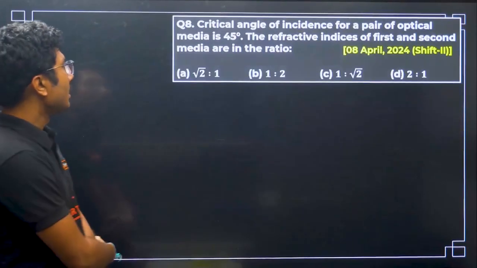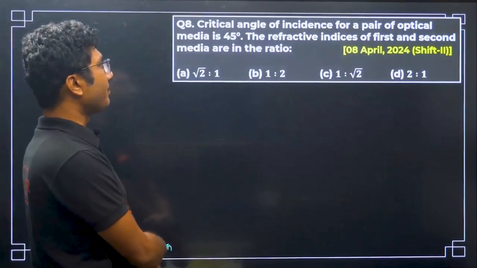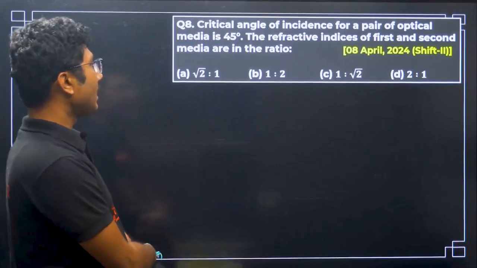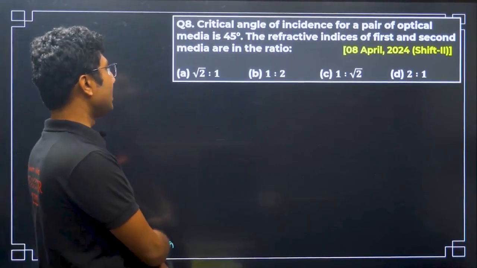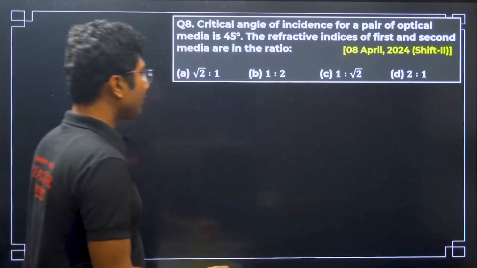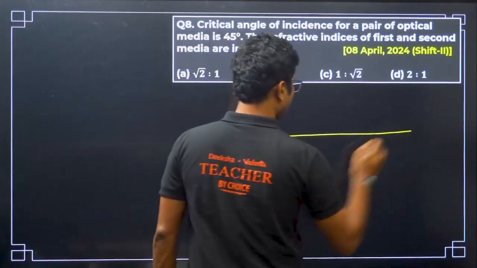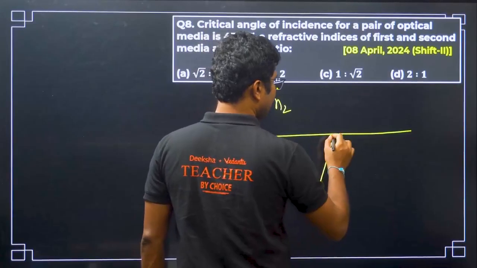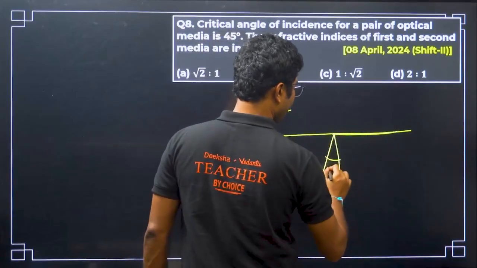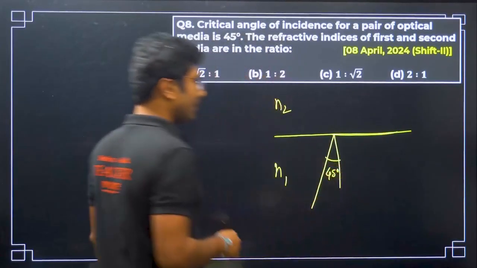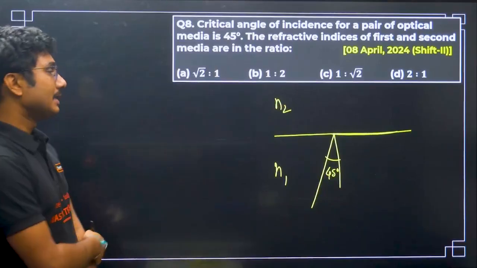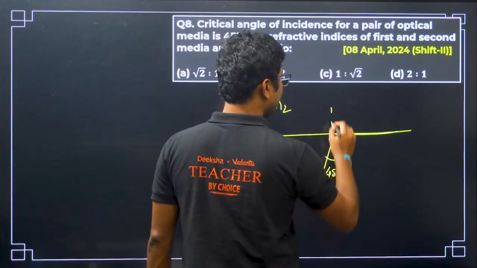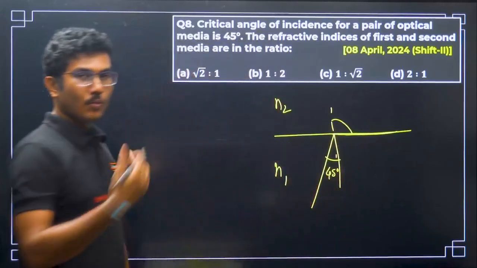Next, the critical angle of incidence for a pair of optical media is 45 degrees. The refractive indices of the first and second media are in the ratio? So, light travels from the first media to the second media, and the critical angle is 45 degrees. Now, if the second media was air, then we have a relation that N1 would be 1 by sin 45.